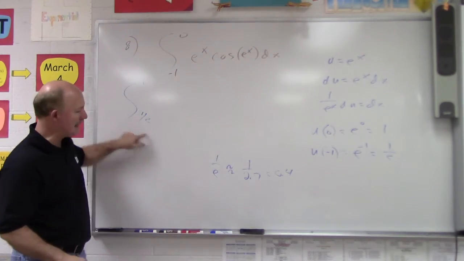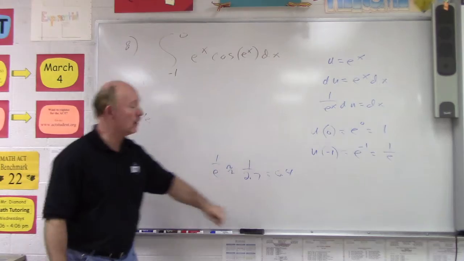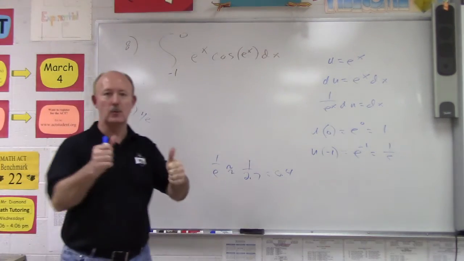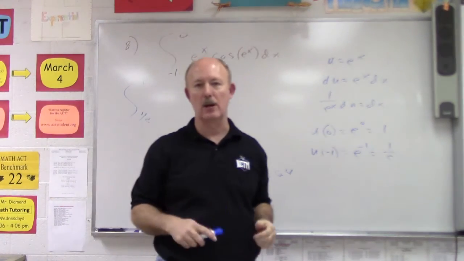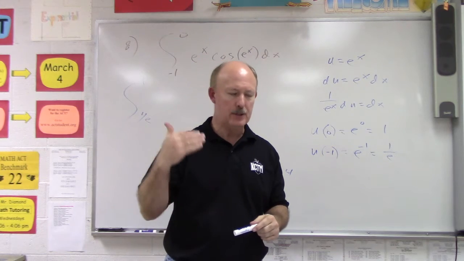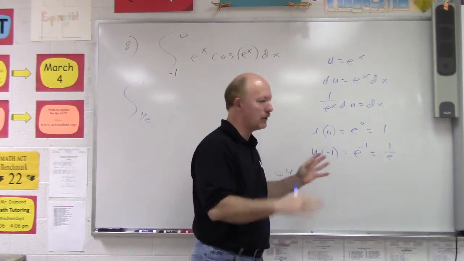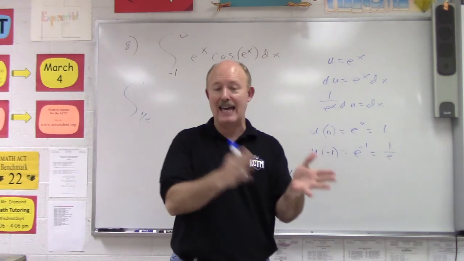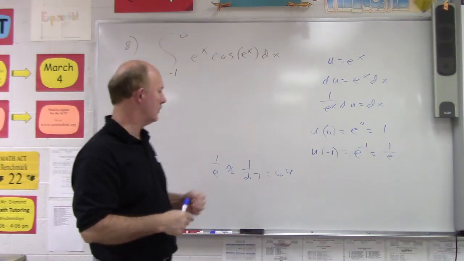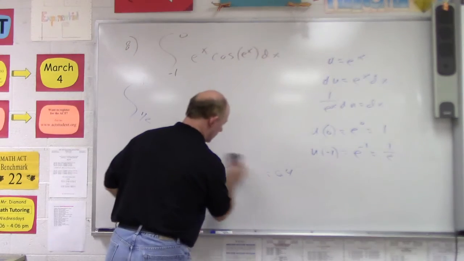So 1 over e is about 0.4. 1 is bigger, so we don't have to worry about flipping the upper and lower bounds there. But you do have to be careful, because sometimes whenever you convert from terms of x to terms of u, you do have to switch those. But we're good here. All right.